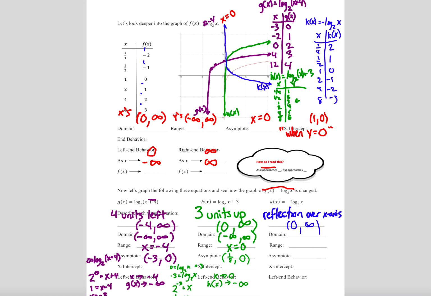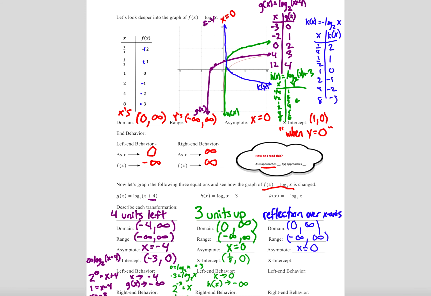The range still goes from infinity progressively down to negative infinity, so that's not changing. The asymptote is still not crossing x equals 0.